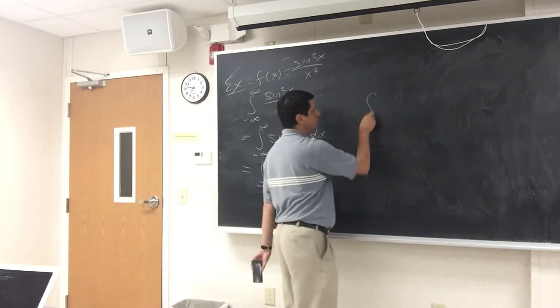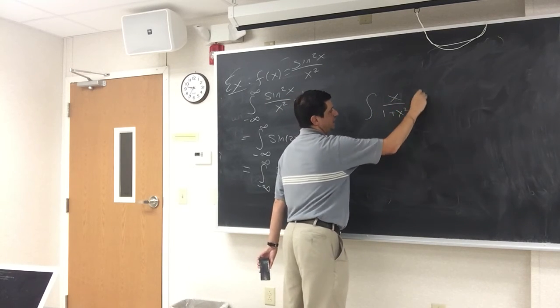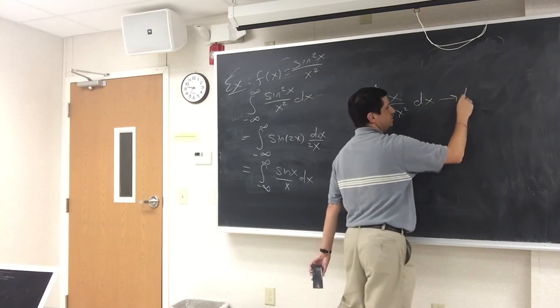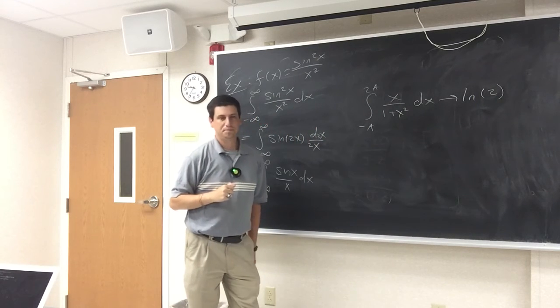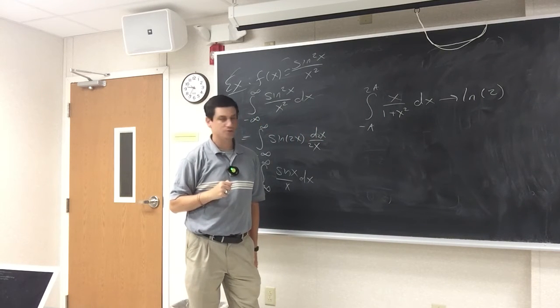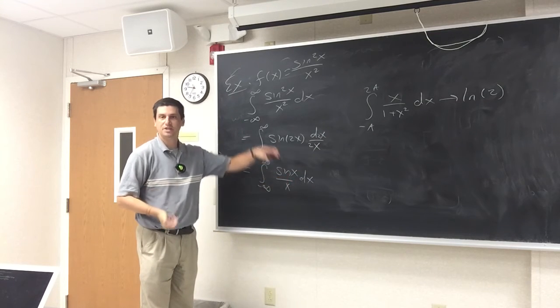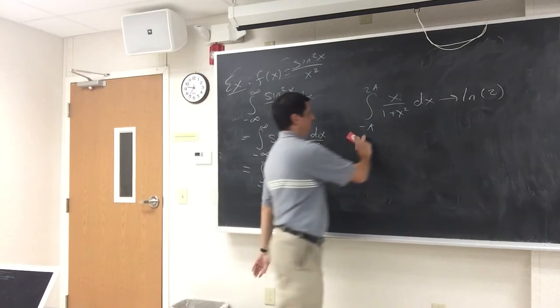If you try to do the Cauchy principal value of x over 1 plus x squared dx, if you go from minus a to 2a, this converges to the natural log of 2, I think, as a goes to infinity. It matters how you go to infinity for something like that. Because each of these segments is of decreasing contribution, you're actually fine in terms of how you go to infinity.